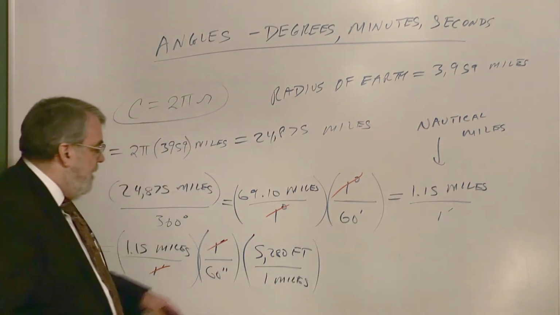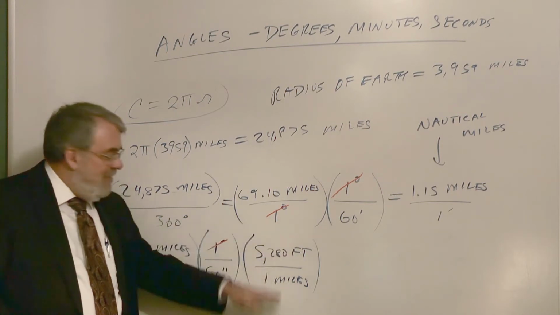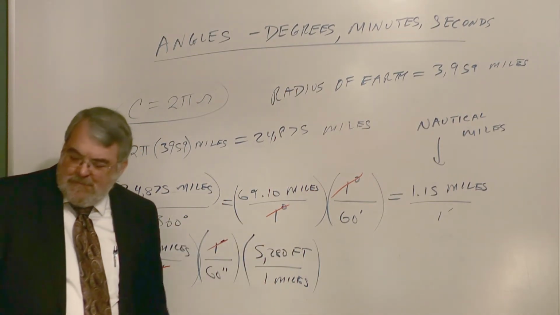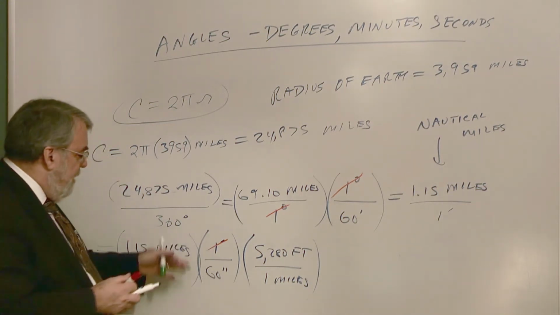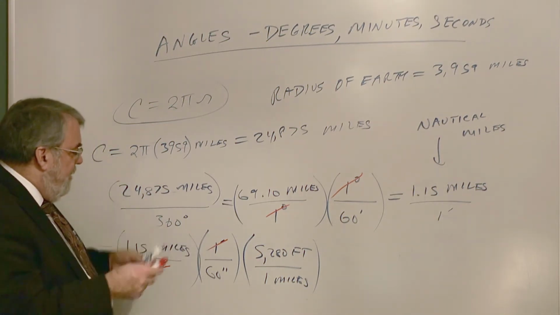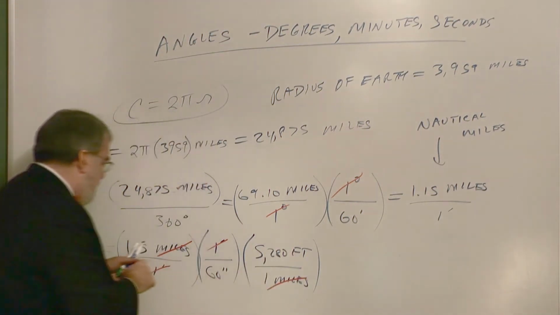You see, I'm multiplying by 1. These are equal, aren't they? 5,280 feet is equal to 1 mile. That equals 1. When you multiply by 1, the values don't change. Well, the numbers change, but the value hasn't changed. So I cancel miles, and I have feet.